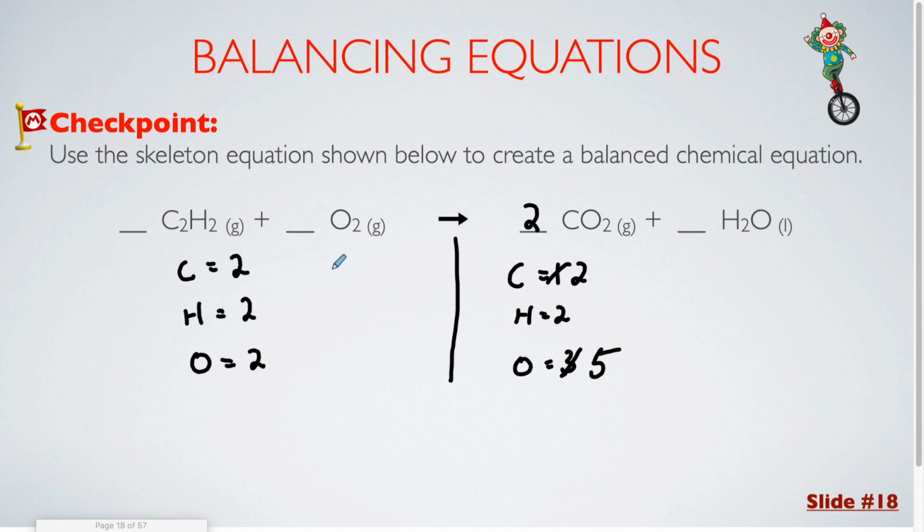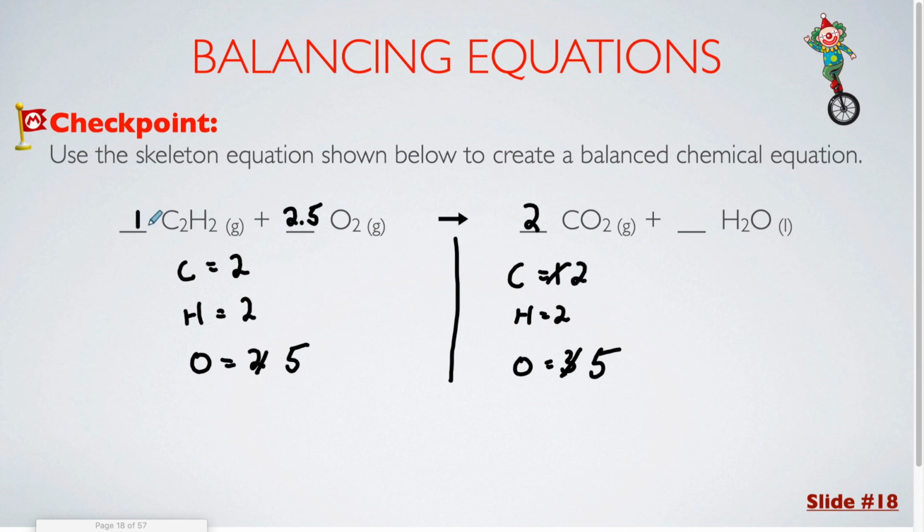Now there's a little trick to this. You do have to have all whole numbers in your final answer, but you can use a 0.5 as kind of a stepping stone. So if I wanted this to multiply out to 5, I could put a 2.5 here. 2.5 times 2 would give me the 5 that I need, and now all of my numbers would match up.